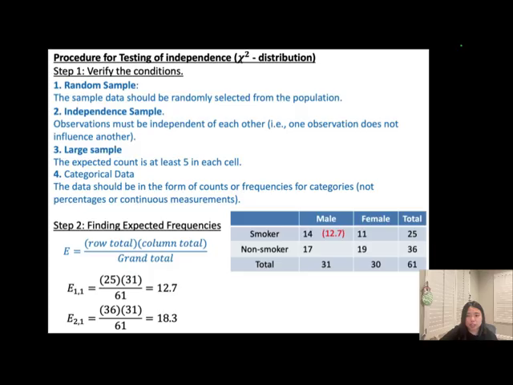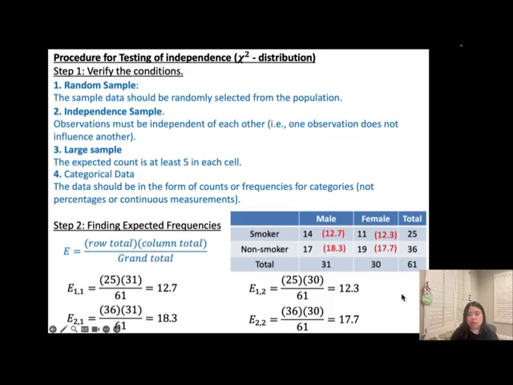Now I want you to try to find the female smoker and the female non-smoker expected frequencies. Check your work: E12 is 25 times 30 divided by 61. E22, the last one, is 36 times 30 divided by 61.